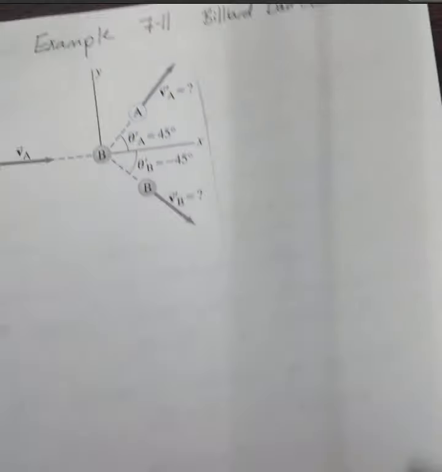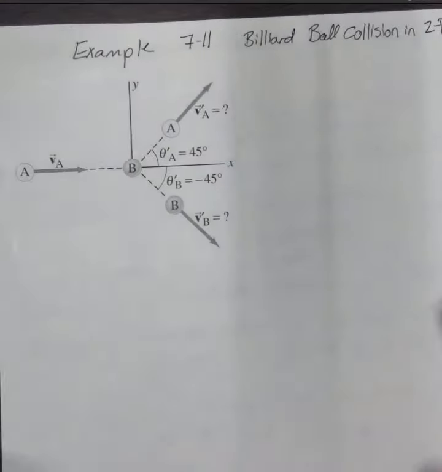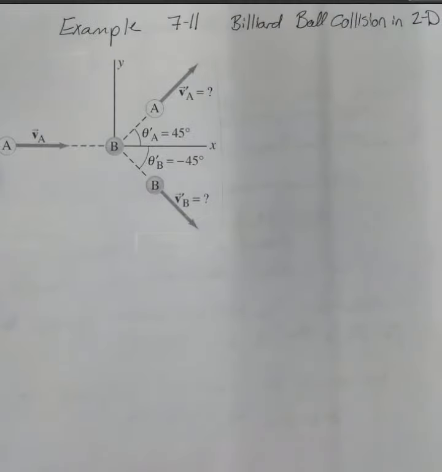So let's take a look at example 7-11, which is the very problem that we were looking at, 2 billiard balls colliding in 2 dimensions. So if billiard ball A and billiard ball B collide with each other, we'll give billiard ball A an initial velocity of 3 meters per second.